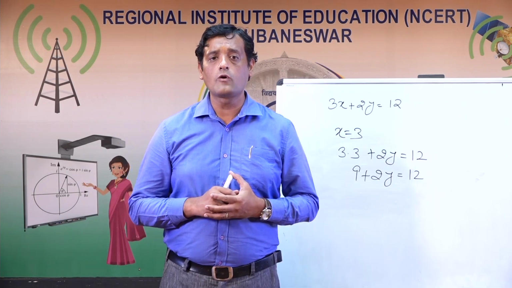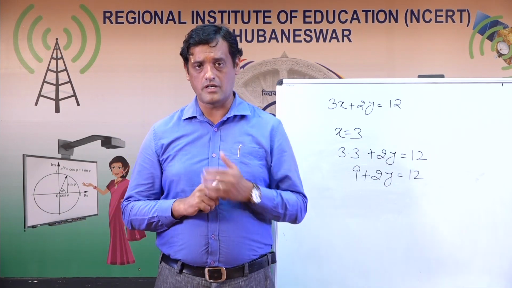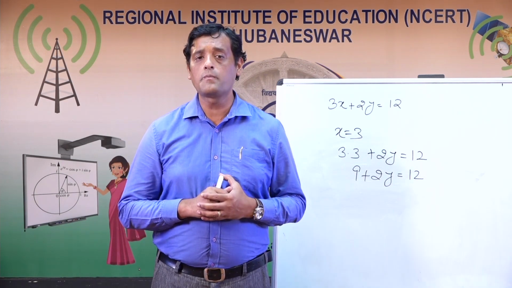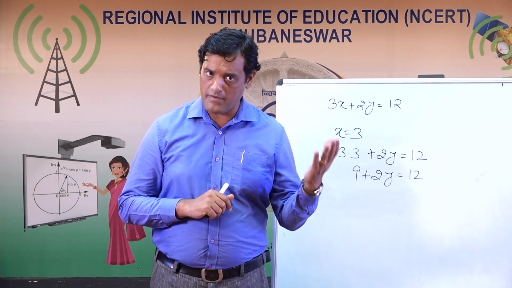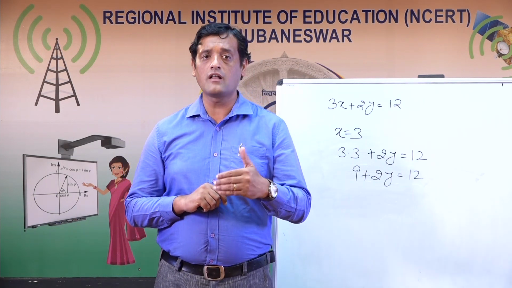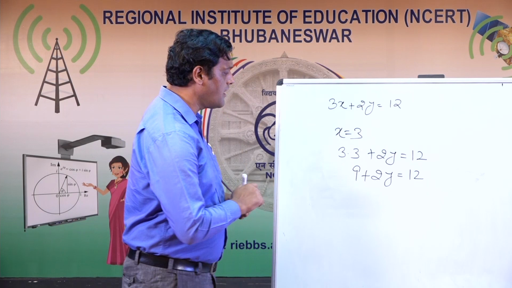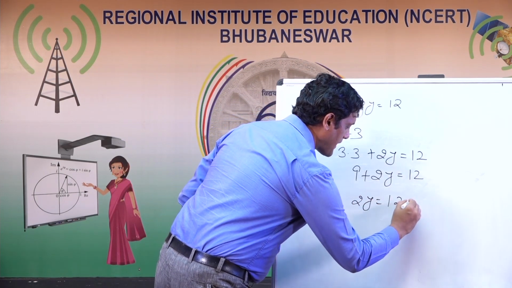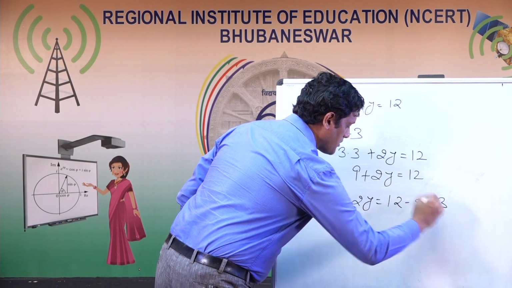Now let us find the solution of this equation. If it is a linear equation in one variable, then we have already studied it in the previous class, so we can use our previous knowledge. We can obtain the value of y. How to obtain it? We simply write 2y equal to 12 minus 9, that is equal to 3.